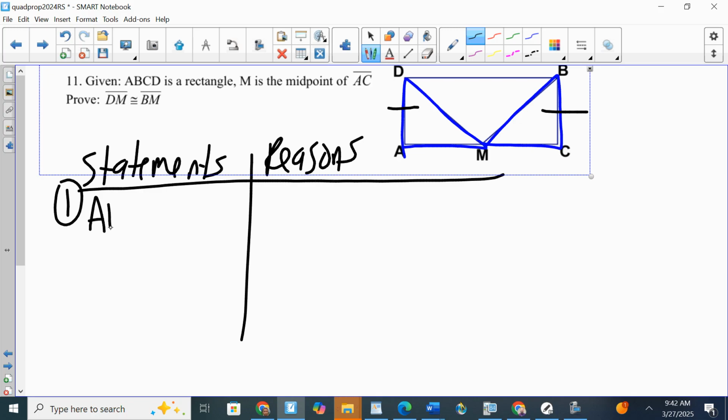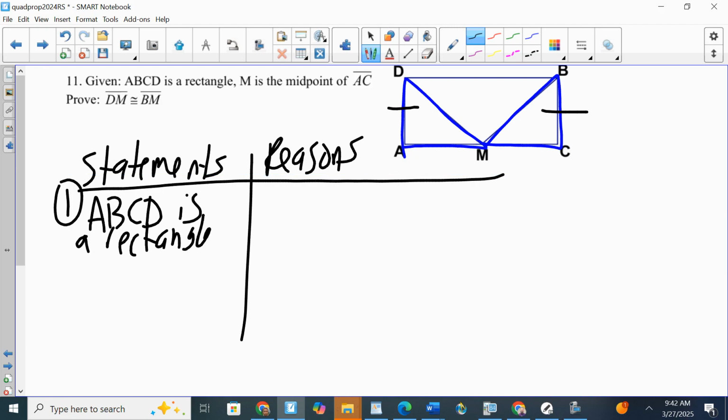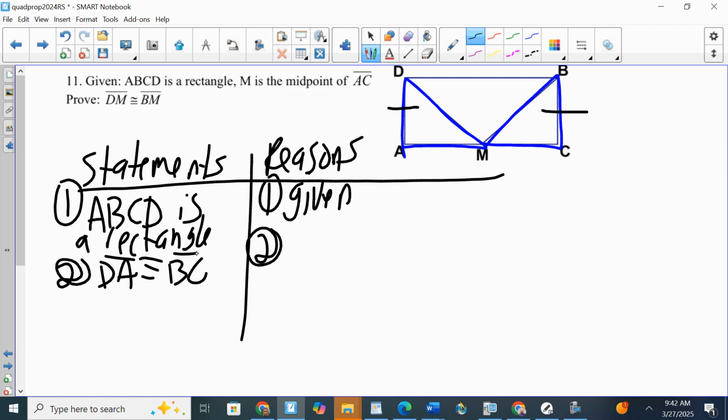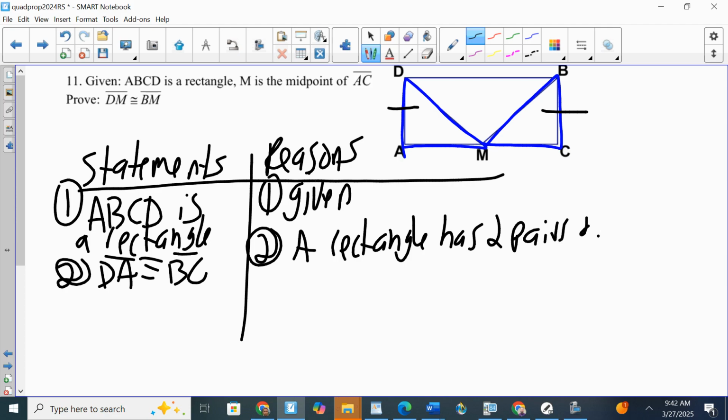So I'm going to say that ABCD is a rectangle, given. And then DA is congruent to BC. A rectangle has 2 pairs of opposite sides congruent.